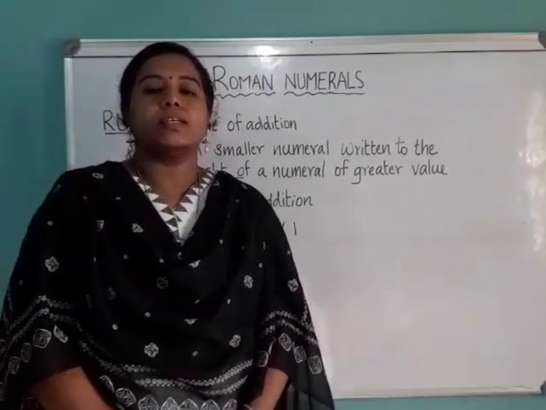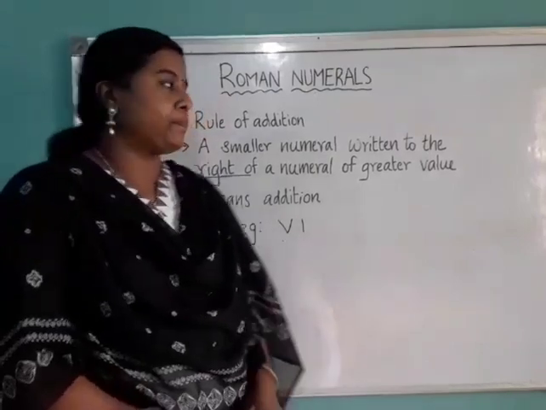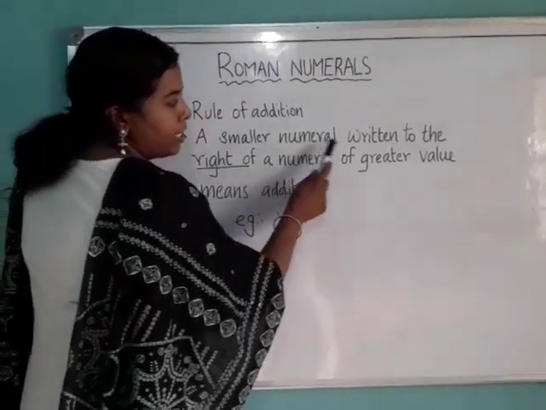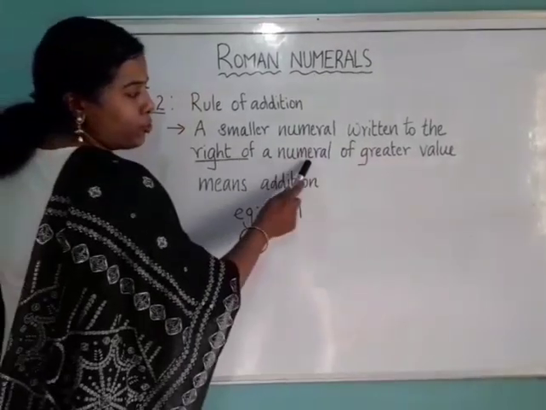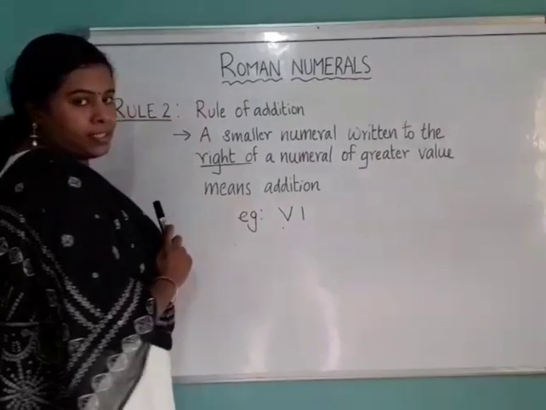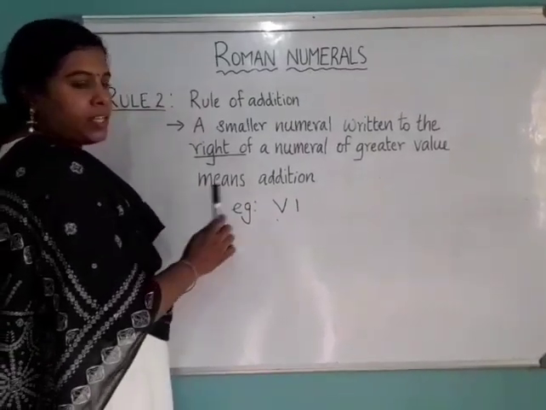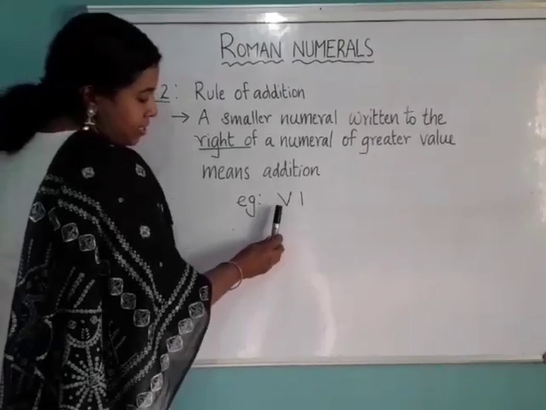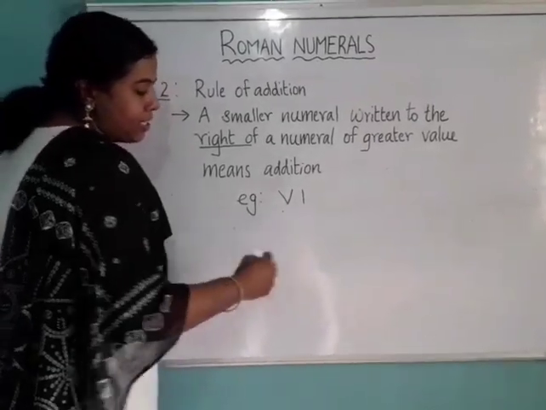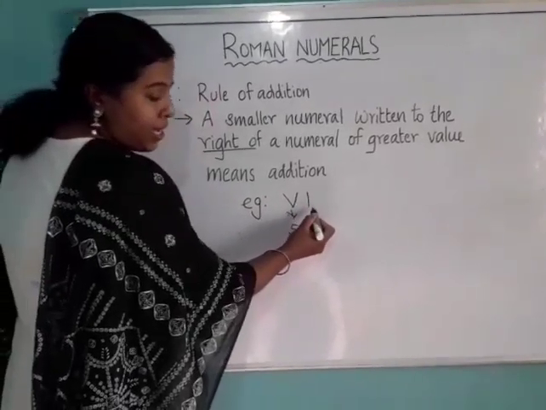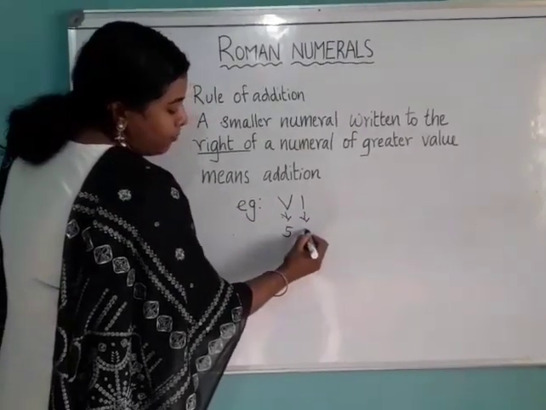The second rule is the rule of addition. This rule says that a smaller numeral written to the right of a numeral of greater value means addition. Look at this example. Here I have written two symbols. One is the symbol V, which represents 5, and the symbol I, which represents 1.